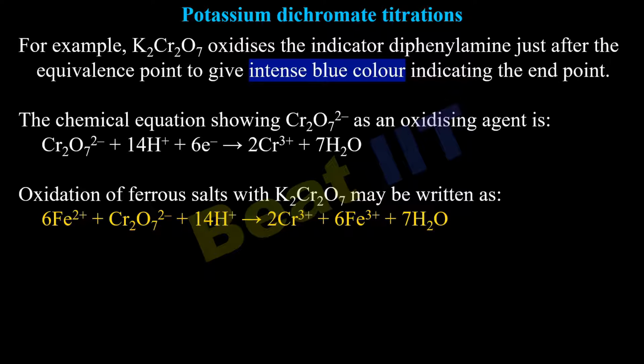Oxidation of ferrous salt with K2Cr2O7 may be written as follows. If we write the overall reaction where K2Cr2O7 is acting as an oxidizing agent and Fe2+ is acting as a reducing agent, this is the overall reaction. Now how it happens, how the intense blue color appears, try to understand. In the beaker, suppose you have the ferrous salt and you also add the indicator, and say we are using diphenylamine as indicator.